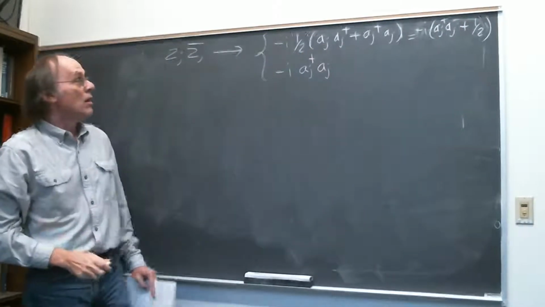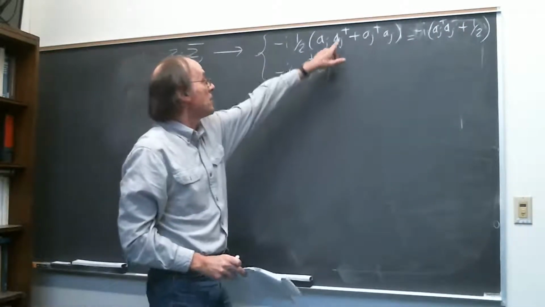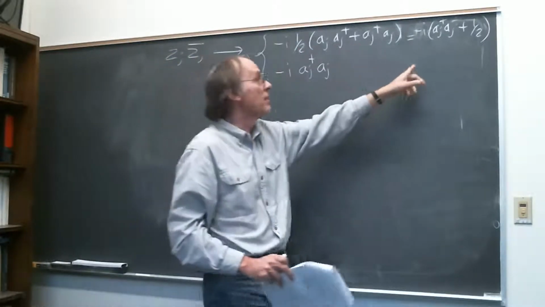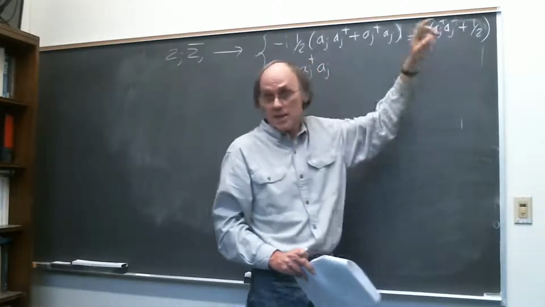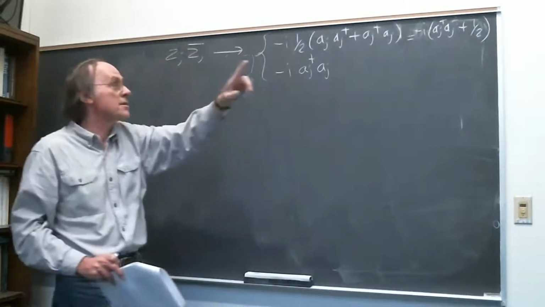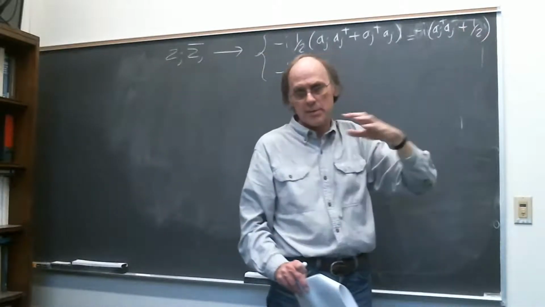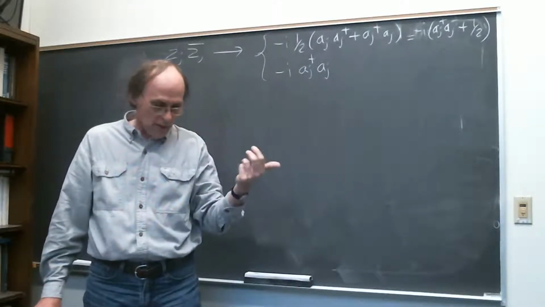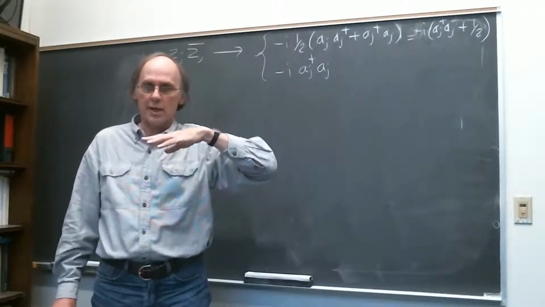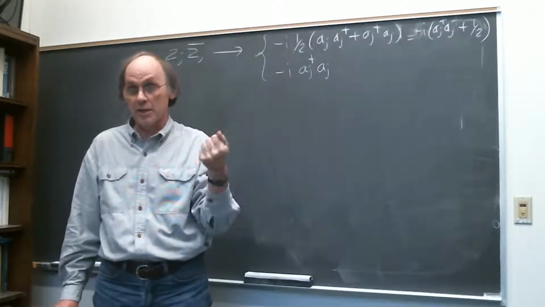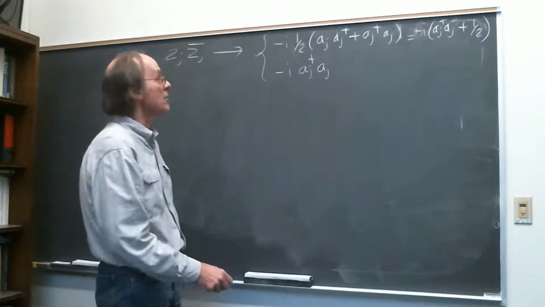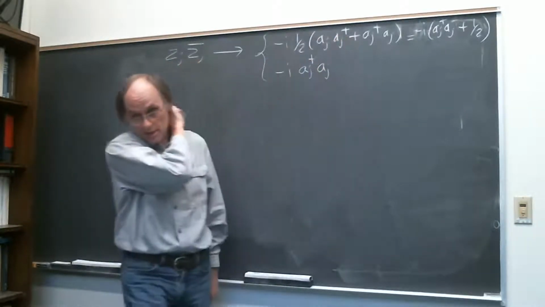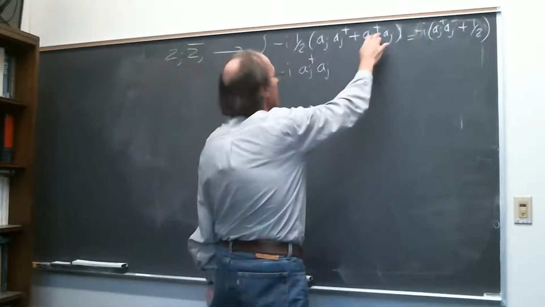So there are two possible things you can do, and they're actually not the same. They differ by a scalar, and this is the scalar which in the end is responsible for the fact that the energy of the ground state of a harmonic oscillator is a half, not zero. Another way of saying it is that the standard Hamiltonian we're going to take is the sum over j of these guys.